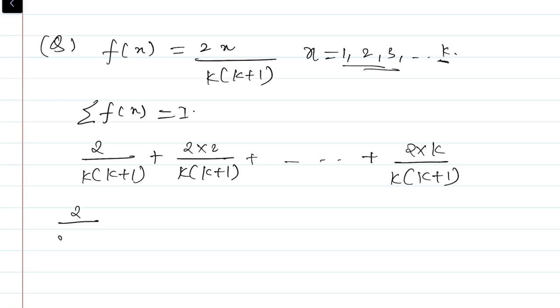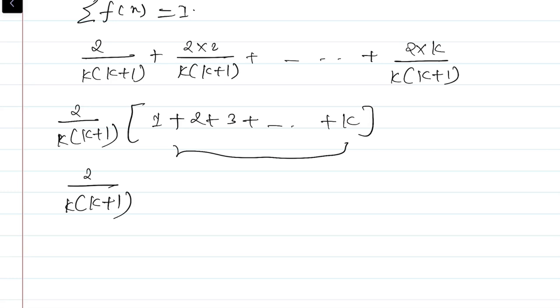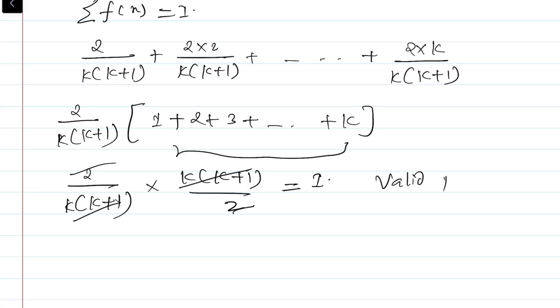We can take 2 divided by k times k plus 1 as common. So the remaining terms will be 1 plus 2 plus 3 up to k. And we know that the sum of these terms is simply k times k plus 1 whole divided by 2. And these get cancelled. So this is equal to 1. So this is a valid PDF. All right. So this is how you can show the function is a valid PDF.